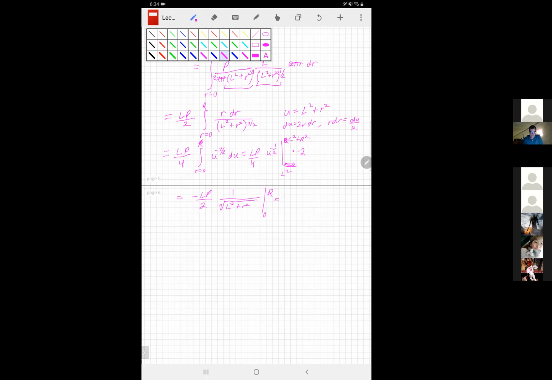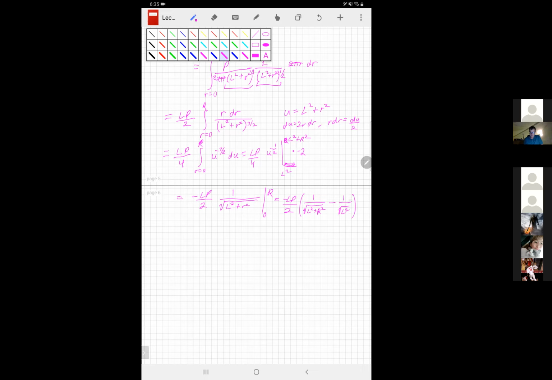Anyway, so when we put all this together, minus LP over 2 times 1 over square root L squared plus R squared minus 1 over square root of L squared. Well, let's see here.